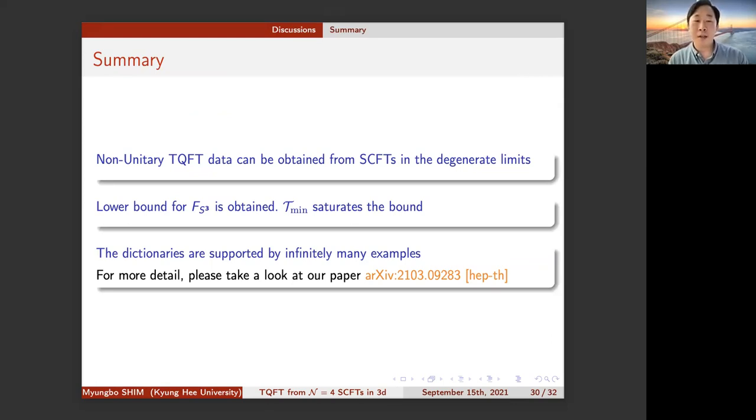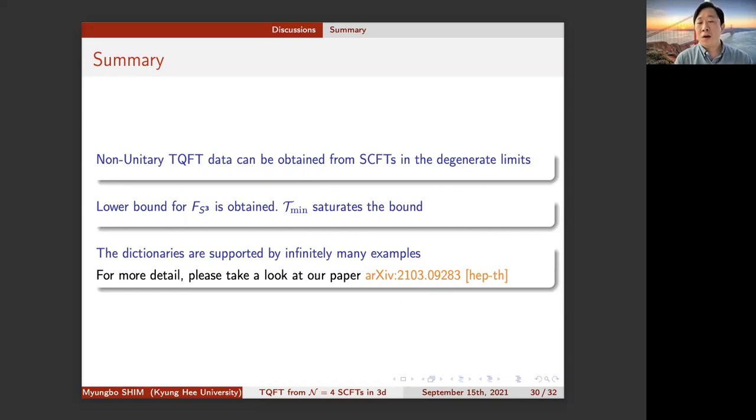And secondly, we made a dictionary and we computed lots of examples to support our dictionary. And from the direct application of our dictionary combined with algebraic constraints on the modular S matrix, we can find the lower bound for the 3-sphere free energy for all the N=4 superconformal field theories in 3D.